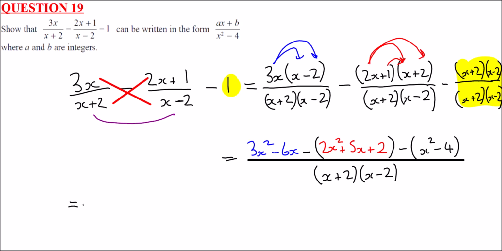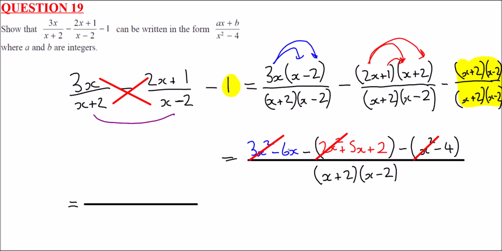So next step, let's try and get this neatened up. x squared terms. I've got 3x squared here, but I'm taking away 2x squared and I'm minusing off x squared there. So the x squareds will all cancel. Now the x terms.